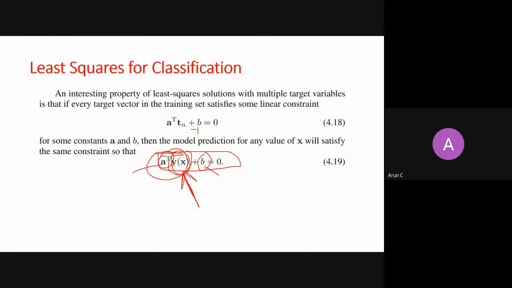So if all the predictions sum up to 1, can I interpret this Y prediction as a probability? No, that's a catch here.